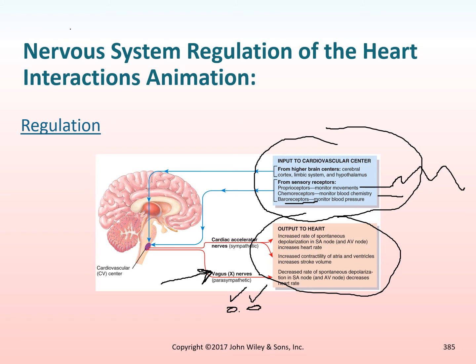A cat smelling catnip. The hypothalamus and the cerebral cortex are interpreting things, determining whether it's a threat or not. And they can directly stimulate the heart to beat faster and contract more vigorously.